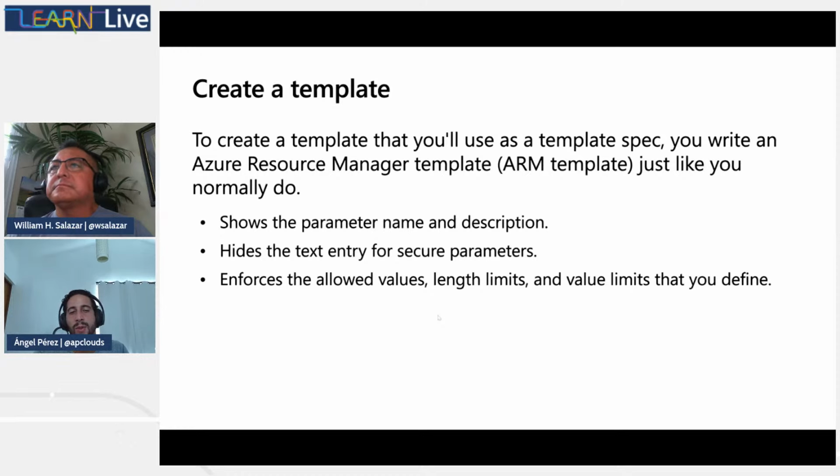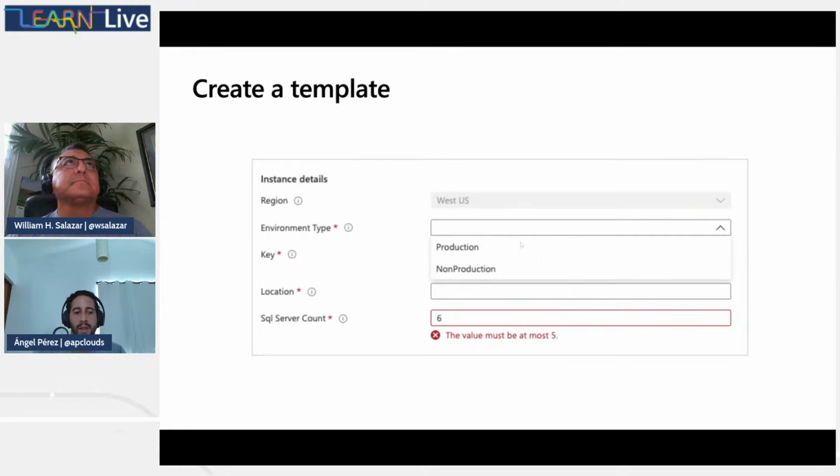So this is kind of what it will look like to customers. They end up deploying this template spec or clicking on it and saying, I want to deploy this. When it goes on to actually be deployed, whatever was parameterized in that template is going to pop up in a UI similar to this one. And then whatever person on the app team is probably going to go, okay, this is going to be for a non-production environment type. I'm just doing a test with this Cosmos DB account.